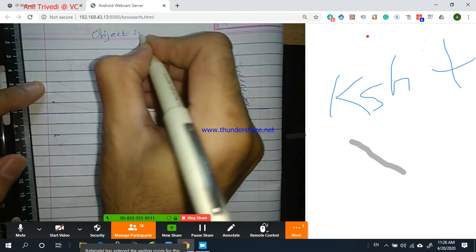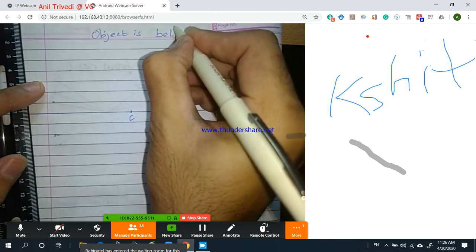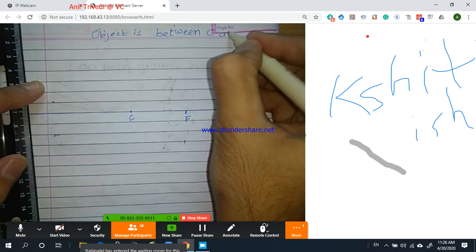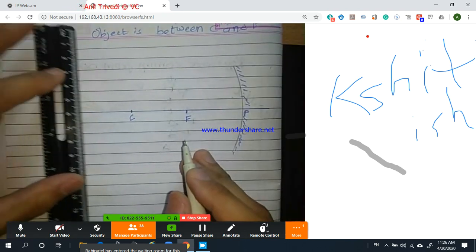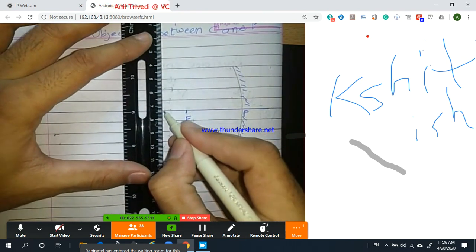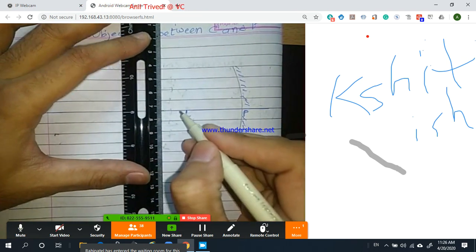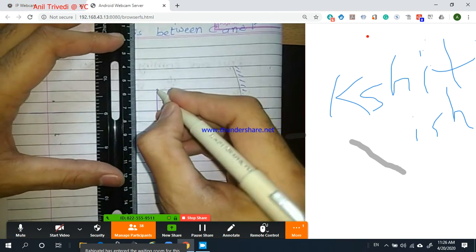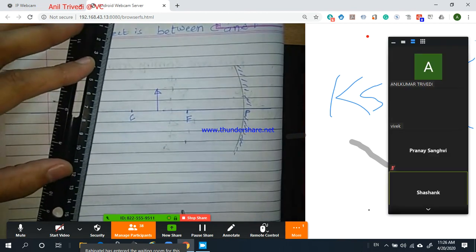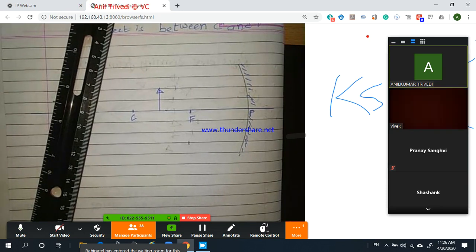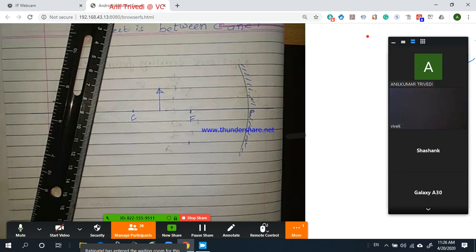The object is between C and F. So we'll show a small size object. We'll keep it 2 lines above, but then we'll not be able to show the actual way. So we'll show it still smaller.